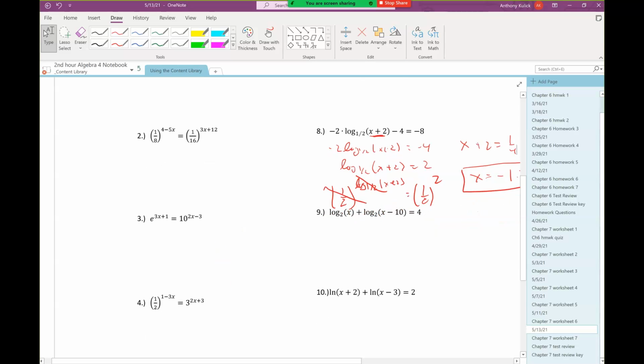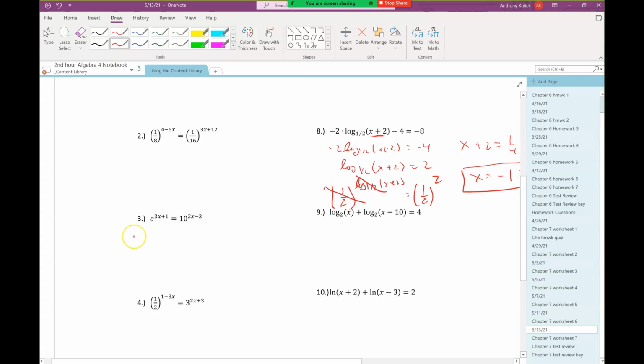Okay. So this one, the exponent bases are different, and there's really no way to write them so that they have the same base. Well, there's no convenient way to do that. So what I would do is either take the natural log of both sides to cancel the e, or take the common log of both sides to cancel the 10. It doesn't really matter. Either is fine.